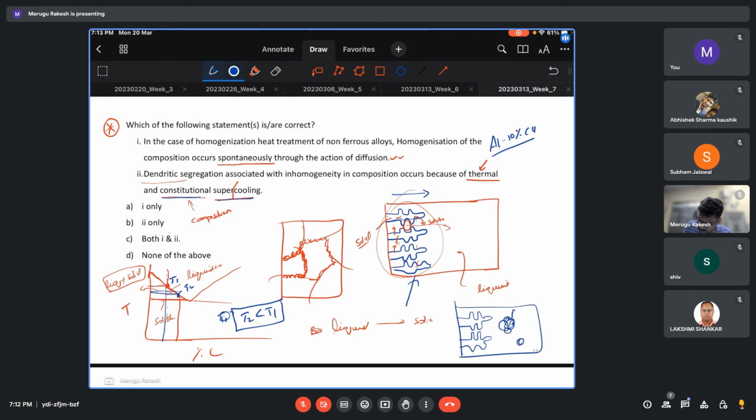Some more, one more dendritic nucleation, then it will also grow starting because of this constitutional supercooling. Because of that, we'll again get this dendritic segregation, or kind of solute segregation.